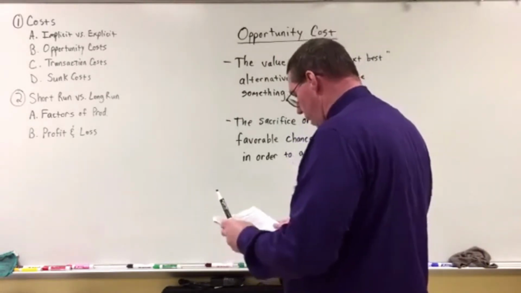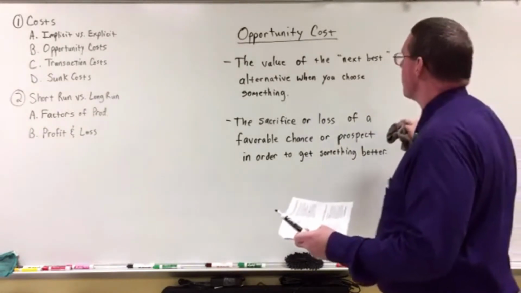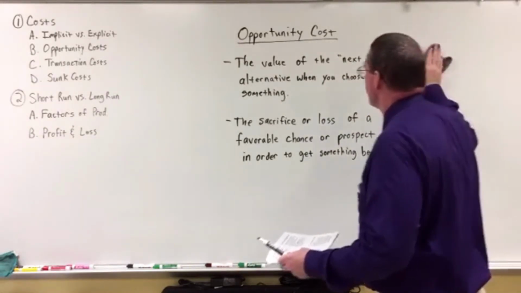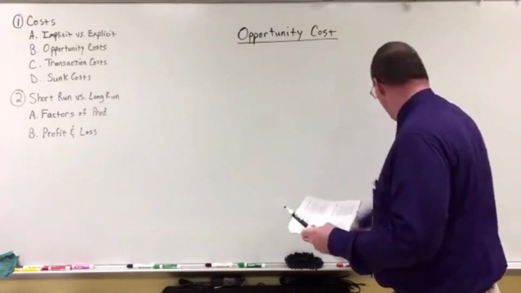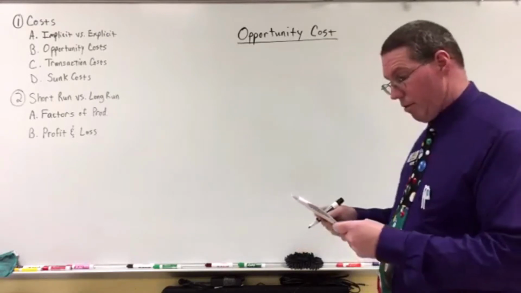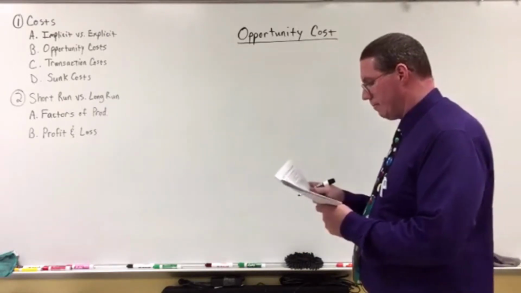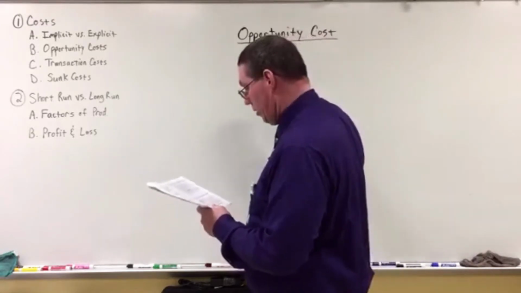That's pretty good. So let's now talk about, well, what are some examples of opportunity costs? I'm going to erase these definitions. And now let's look at some examples. Let's say that you want to buy some stock, okay?